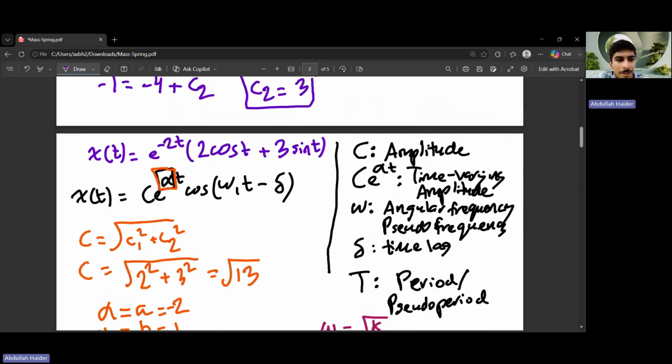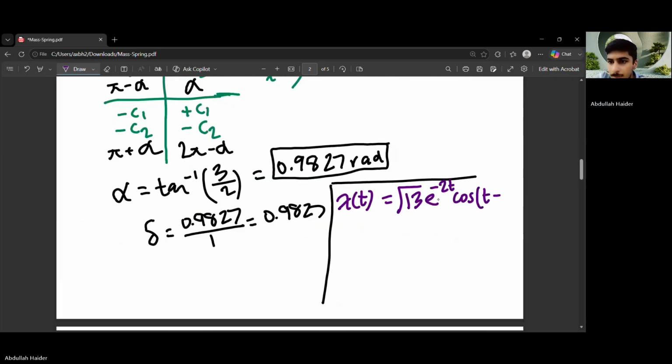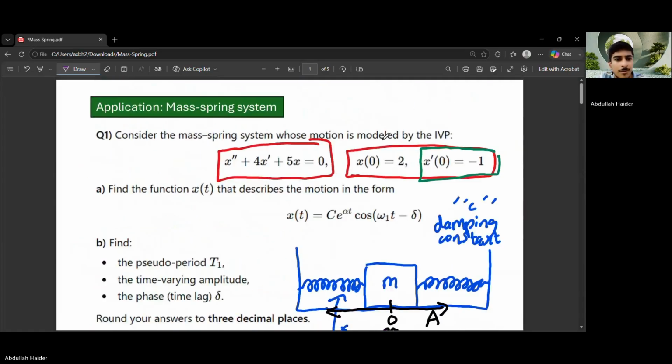So you have radical 13 e power minus 2t cosine 1t minus time lag, which is 0.9827. That is your final answer. We have solved for this part A.